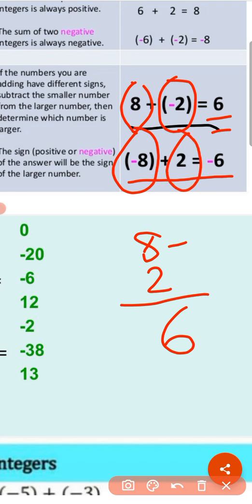Follow the same rule, that is 8 minus 2. Subtract the smaller one from the larger number, that is 8 minus 2, 6, and put the larger number sign. Here the larger one is 8. Then put its sign, so our answer is negative 6.